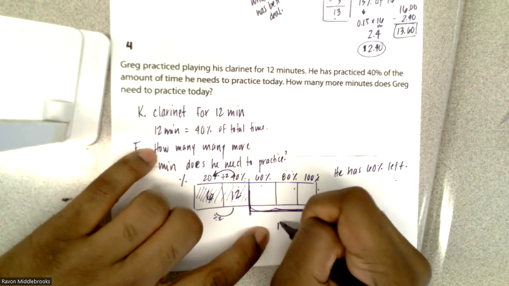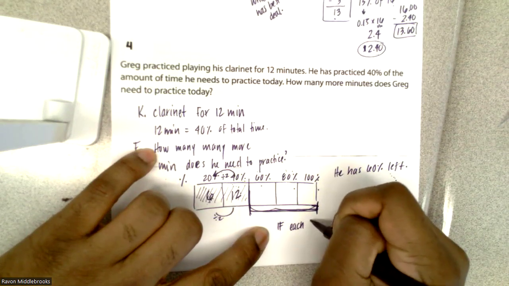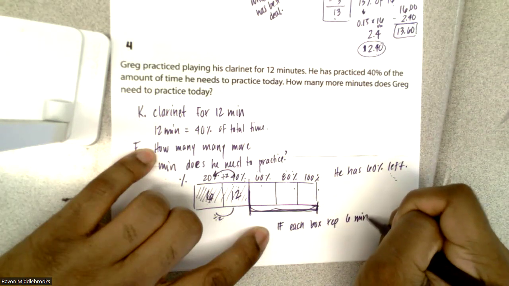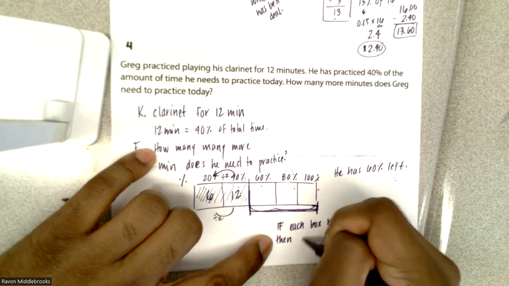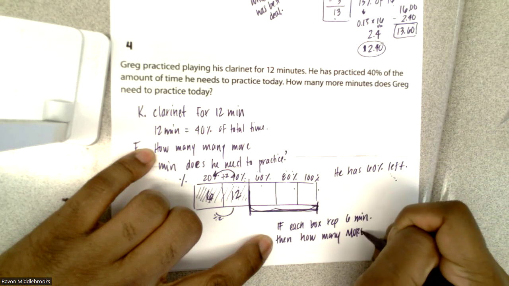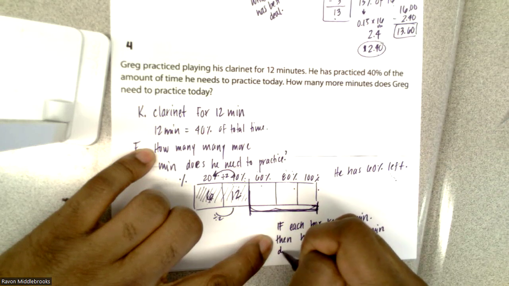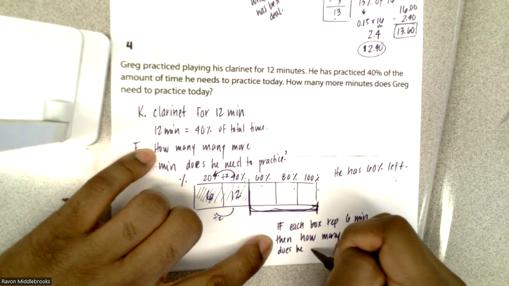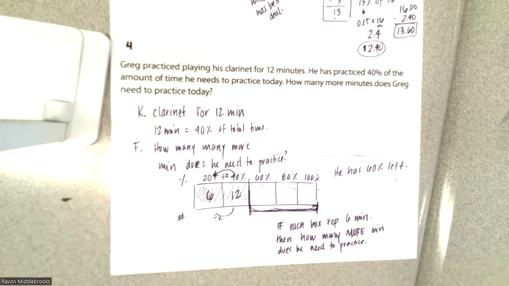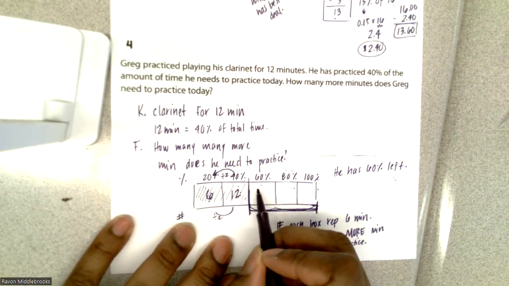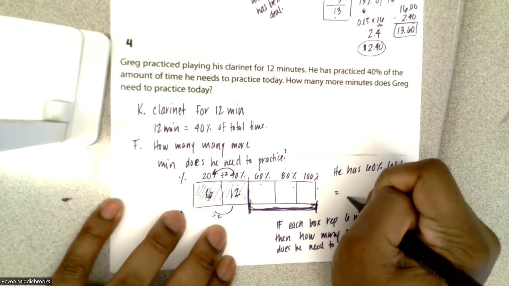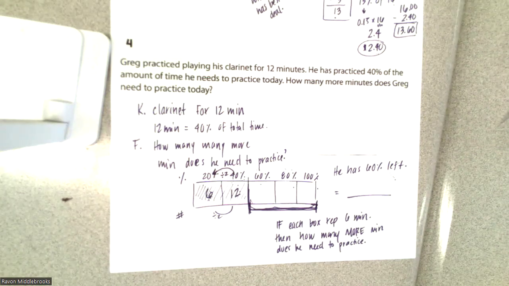If each box represents 6 minutes, then how many more minutes does he need to practice? So like basically, how many more from here to here? How many more minutes is that? All right, go ahead and solve that.